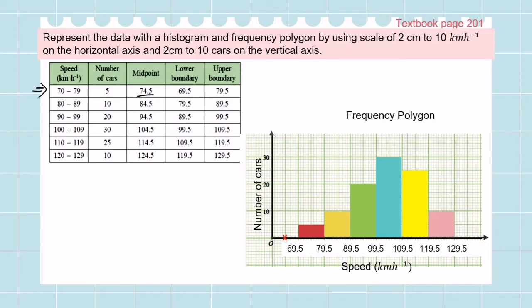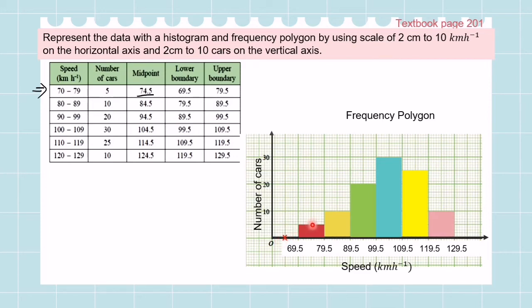So this is the midpoint of 64.5. Because for a frequency polygon, you need to start the graph with frequency 0. Okay, so you start from here, the midpoint you plot.